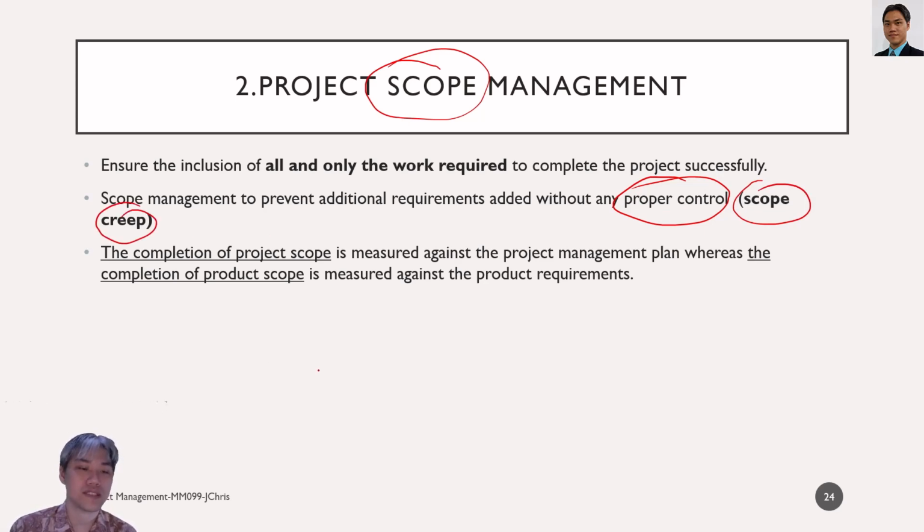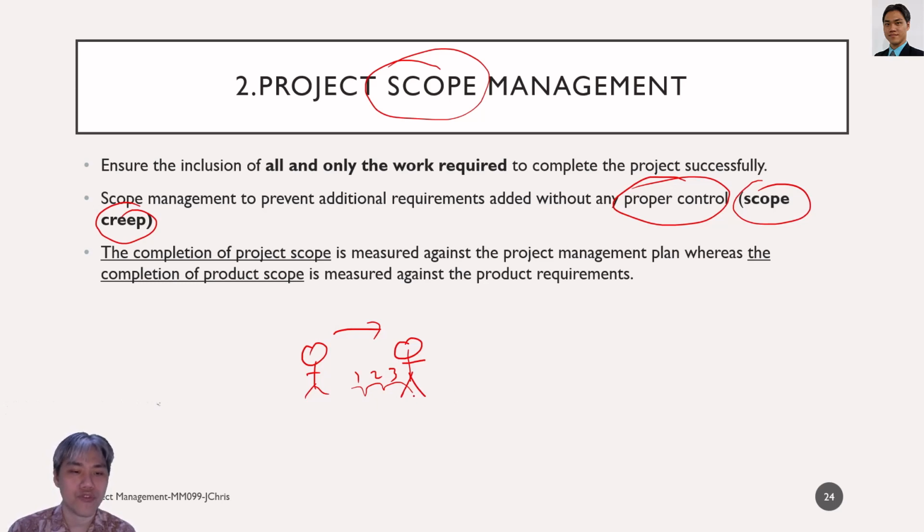The example of scope creep is like this. This person says, hey, I want to do a project. The project is I want to walk 3 steps. 1, 2, 3. Further to the right. Okay. But then when he's standing here, he says, hey, 1, 2, 3 is not enough.